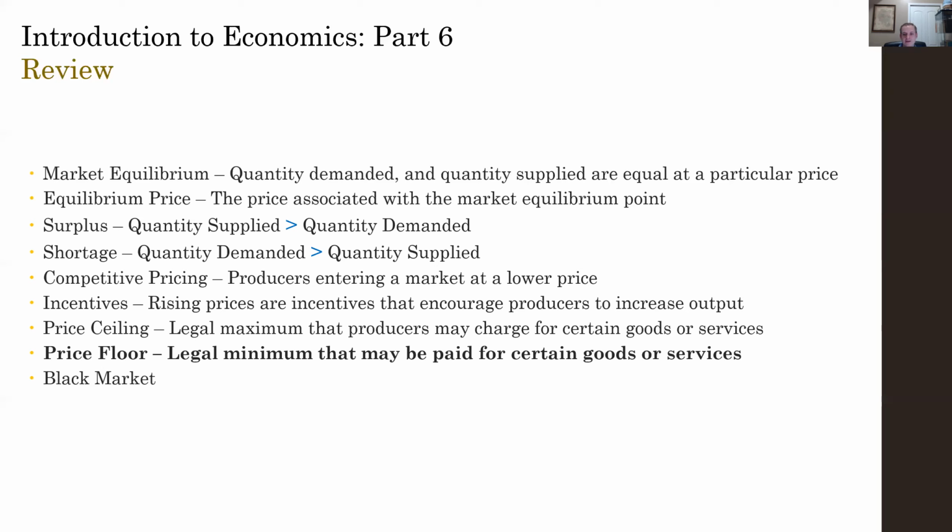Price floors are legal minimums that must be paid for a specific good or service. Now, in order for a price floor to be effective, you might already be able to jump to this conclusion, but it must be set at a point above the equilibrium price. So if the price floor is set below the equilibrium price, markets will operate at that equilibrium price point.